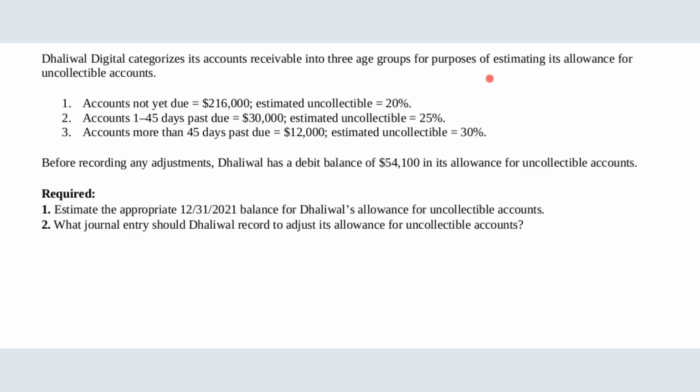All right, so we take 216,000 multiplied by 20%, and that will be 43,200 for the first tier. The second tier is 7,500, and the third one is 3,600. So we add these together to come up with the ending balance of the allowance, and that ending balance is 54,300.